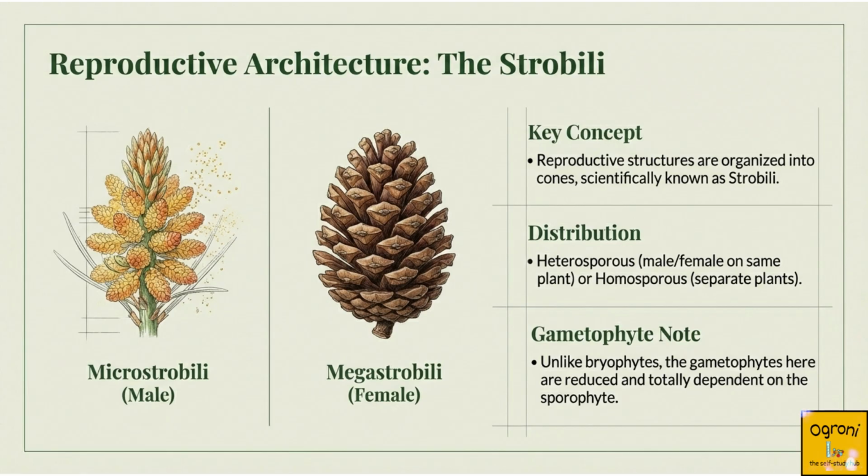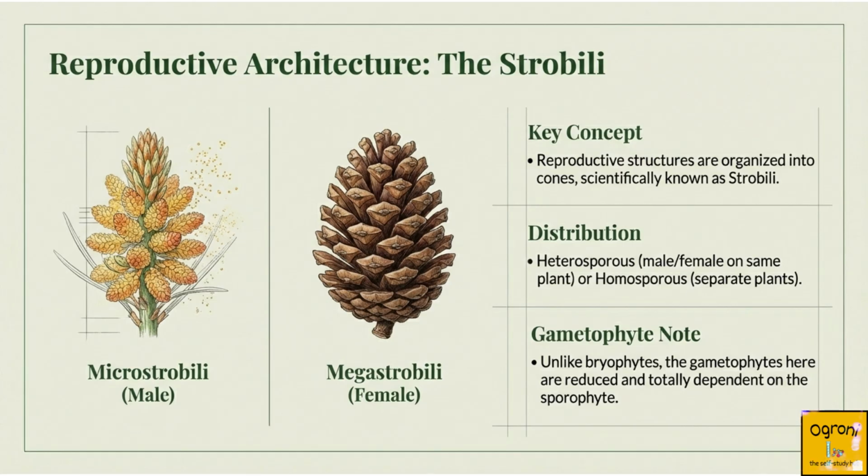Reproductive structures are organized into cones called strobili. Plants can be heterosporous, that is, male and female cones are borne on the same plant, or homosporous, where the male and female cones are borne on different plants.